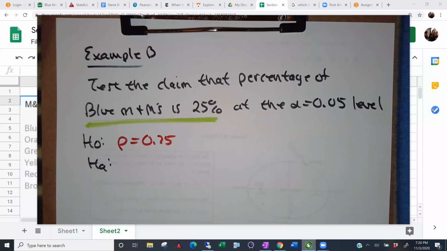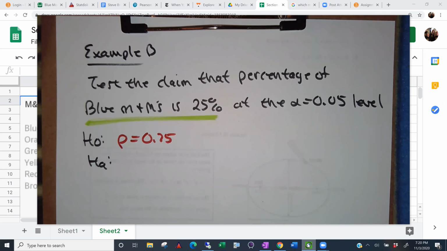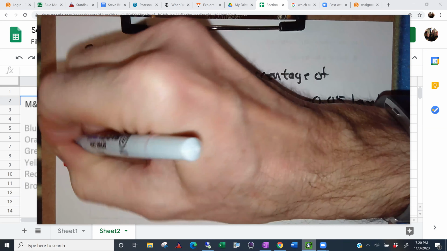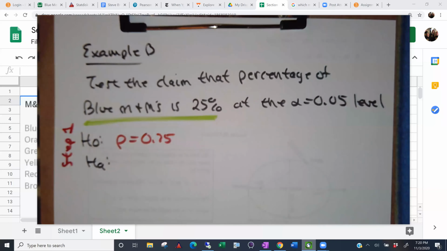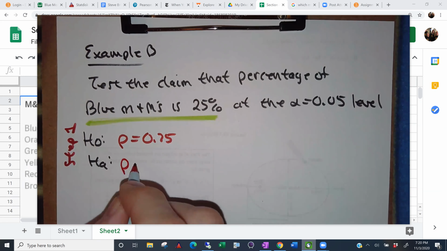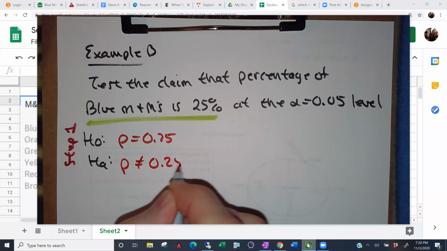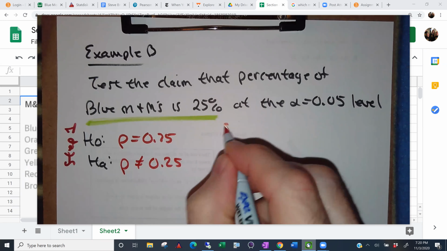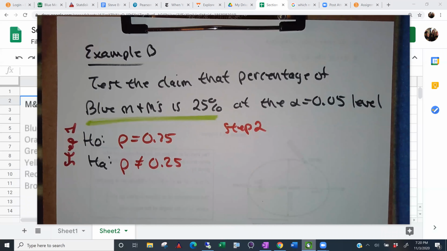What's the alternative? P does not equal 0.25. Perfect. So there's step one. Step two was decide on alpha.